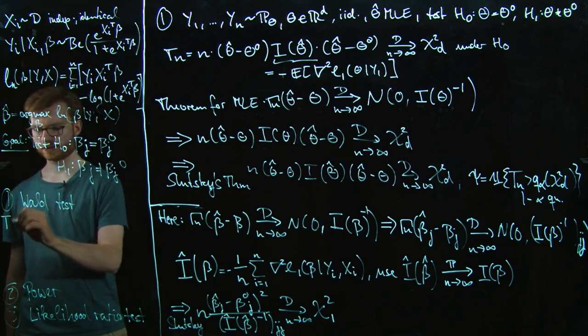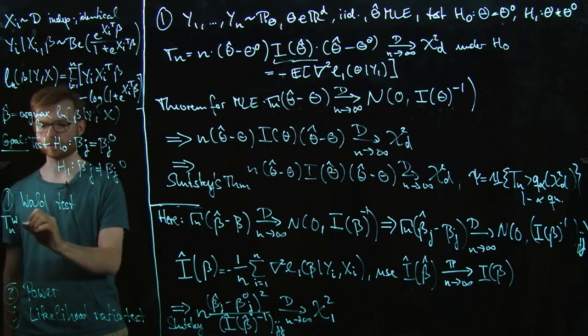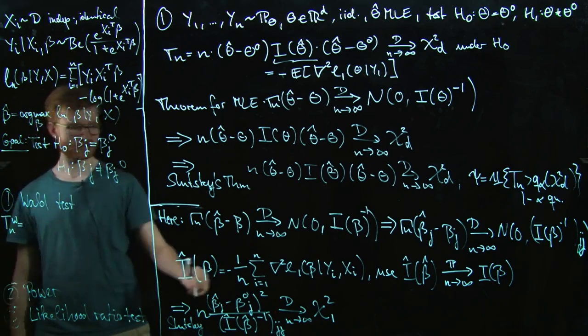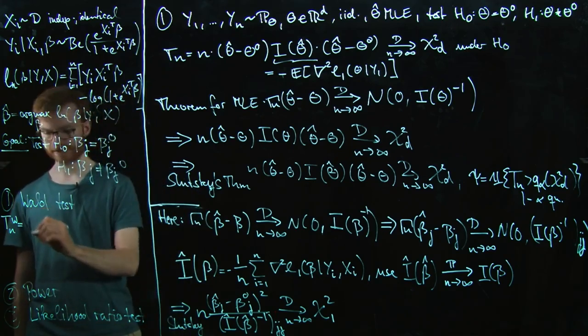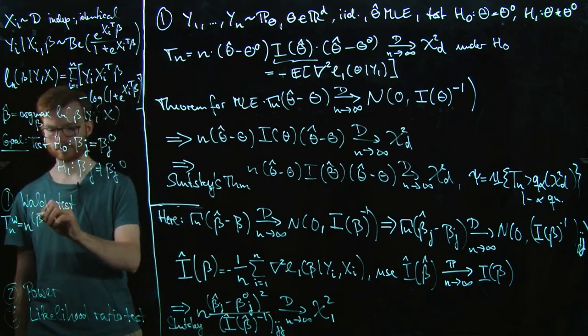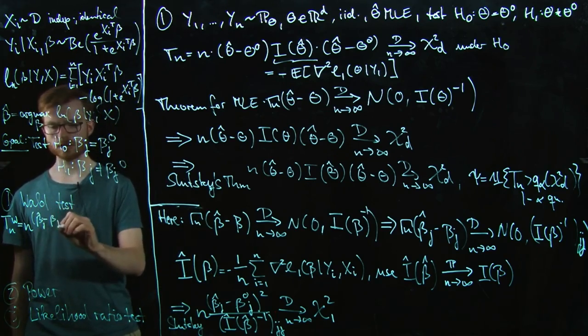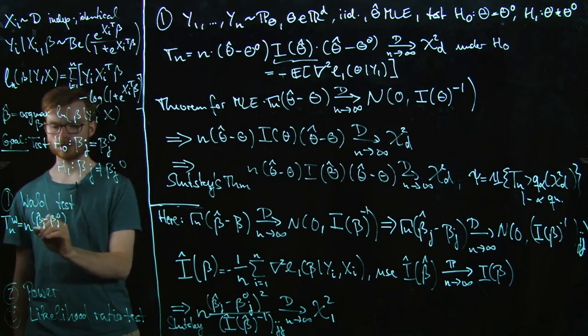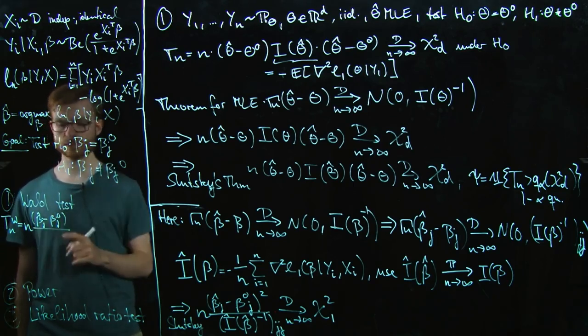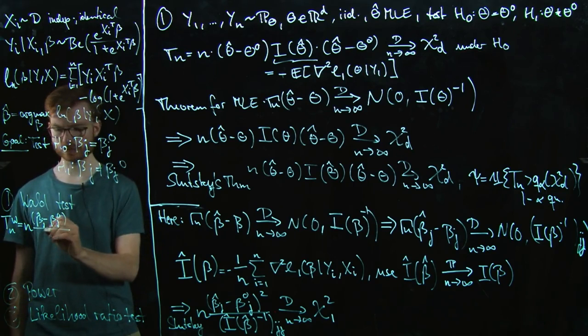Let's call it T_n^W, W for Wald. I'm looking at how close the estimated output is to the one that I think is the true one, or that I want to disprove from being the true one.